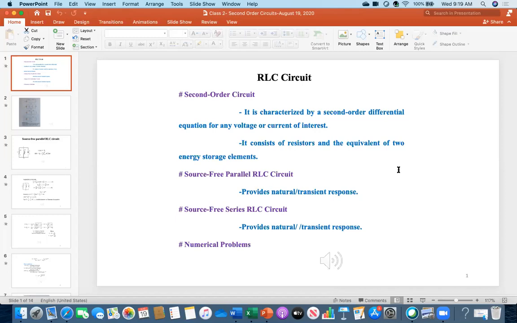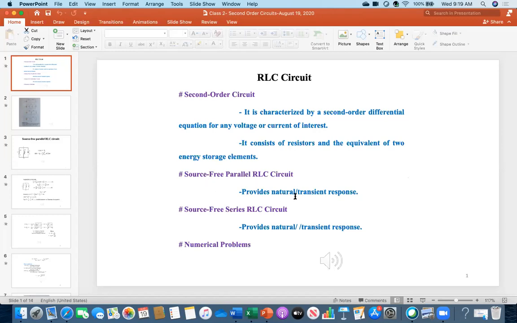For example, you have an RL circuit powered by a DC source, a battery. Then it will provide the steady state response, or the forced response. If you suddenly take out the DC source, but there is still an inductor and capacitor, they will store energy. So that's why they will provide some natural response, which is called the transient response.